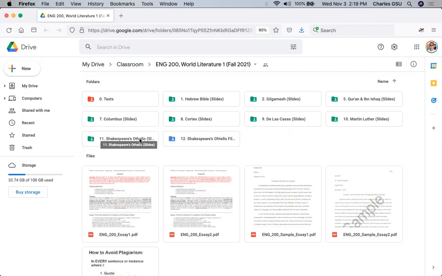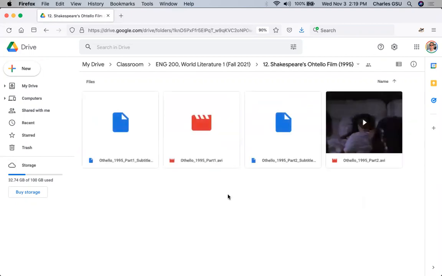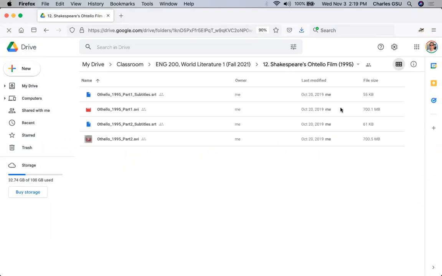One is for the slides or images that I will use in discussing and breaking down the play. Then there's another folder, which is the play itself in dramatized form. As you can see, let me put this in list view. There are 4 files here.